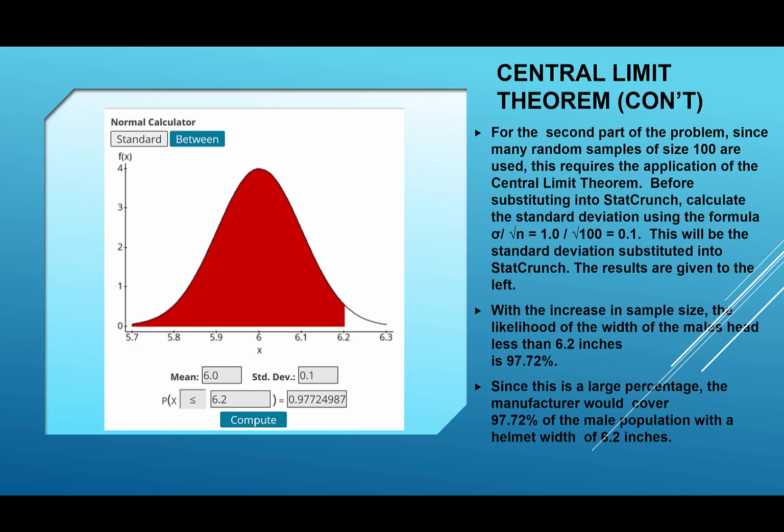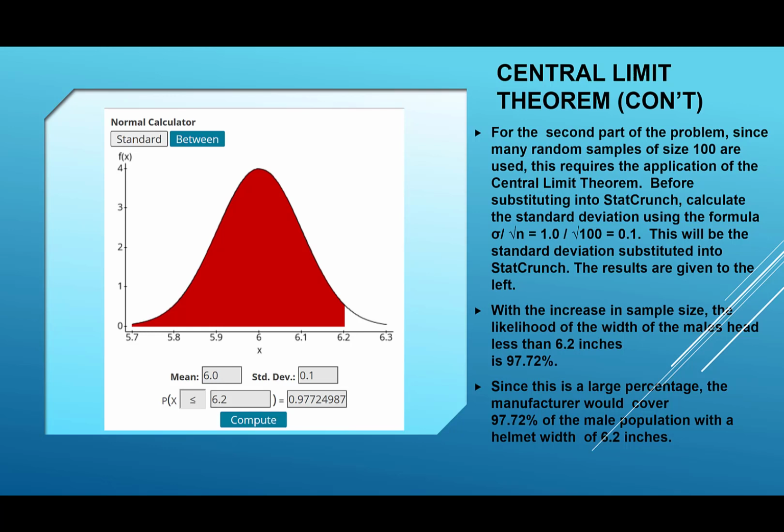For the second part of the problem, since we have many random samples of size 100, we could use the central limit theorem. So before we go into StatCrunch, we're going to calculate the standard deviation, which is sigma, and they told us that was 1, divided by the square root of our sample size, and that's 100. So our new standard deviation is going to be 0.1, and that's what we will enter into StatCrunch.